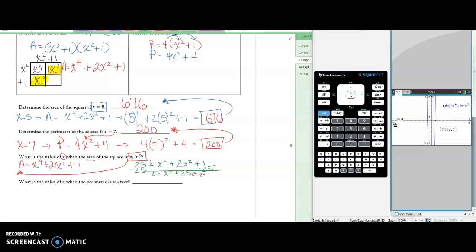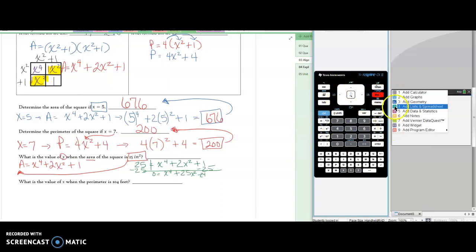Oh, I put a 25 there, didn't I? Man. Well, let's hit tab and fix that. Should be a 2, not a 25. Oh, now I'm going to have to do it again.